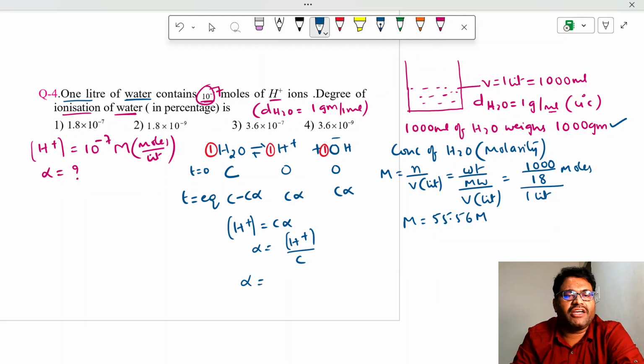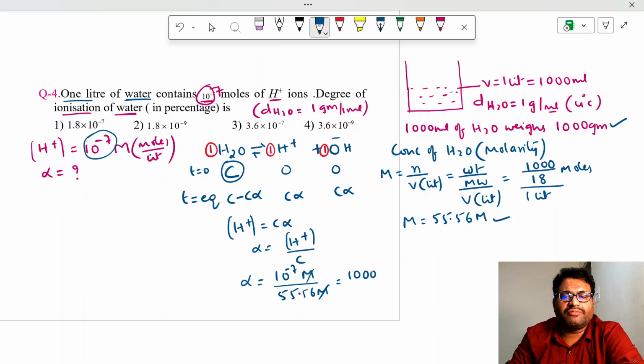Alpha is equal to the H plus ion concentration, given as 10 power minus 7 molar, by, here what is the concentration C? The concentration of water, which we have calculated as 55.56 molar. So calculate it. Then I can write it as 10 power minus 7 molar divided by 55.56.